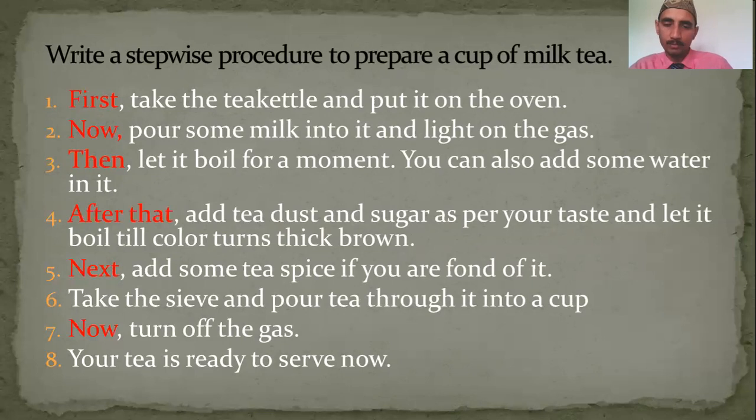Third, let it boil for a moment, and there is an additional sentence using can. Okay, you can also add. So this type of sentence you can also put here. Add tea dust and sugar as per your taste and let it boil till the color turns thick brown. So the number 4 sentence is a little bit long, and there is also the use of a coordinating conjunction. For example, till is there, so we can also use coordinating conjunctions.